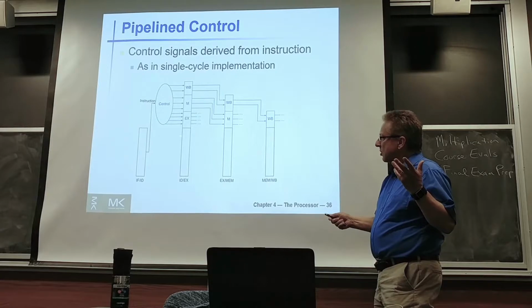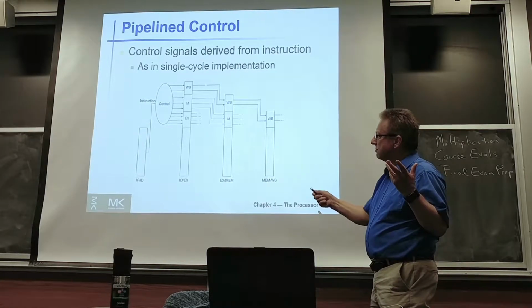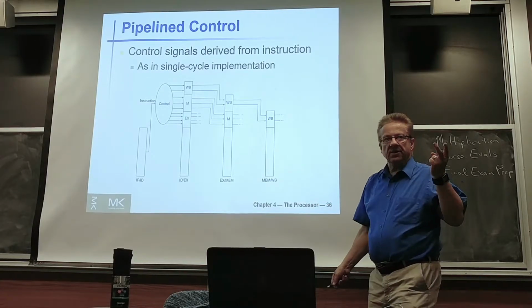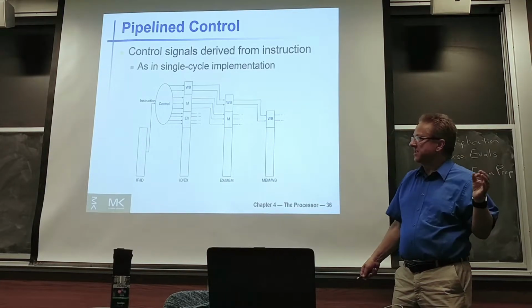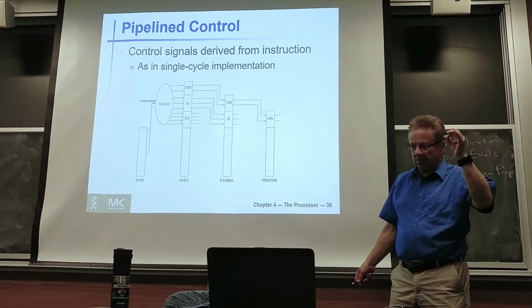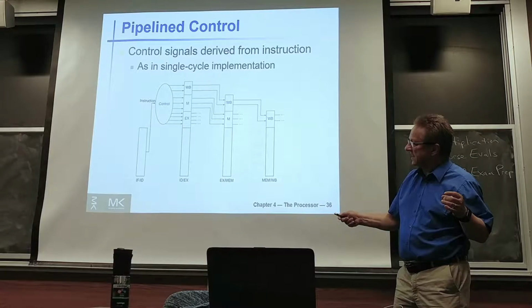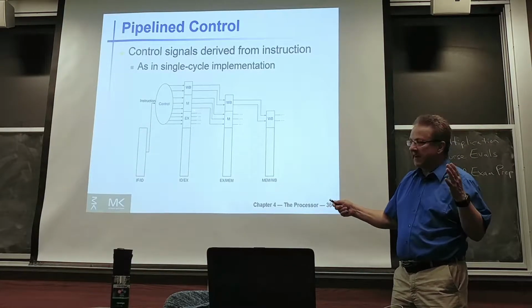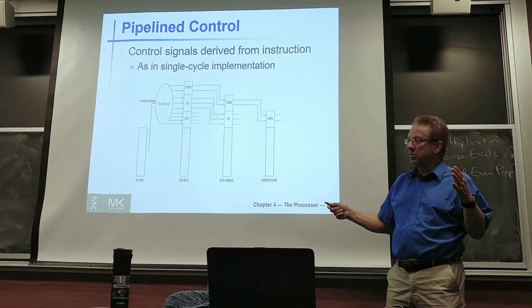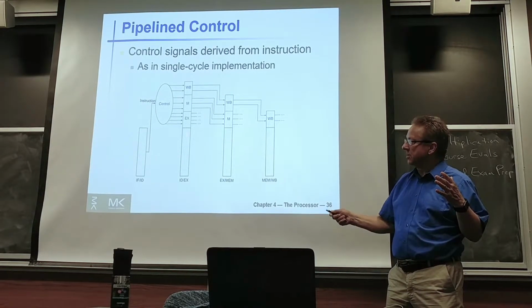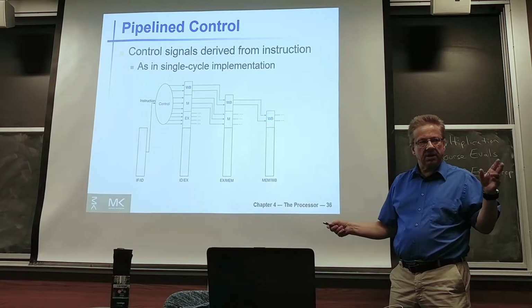So assuming that this is a load word, as this load word instruction moves into the execute stage, it will use 4 of them, 2 for the ALU op, 1 for the register destination, and 1 for ALU source. It will use those 4 in this execute stage, and pass the other 5 that are still associated with that load word instruction into the EXMEM pipeline register, along with all the other stuff that the EX stage is putting in there.